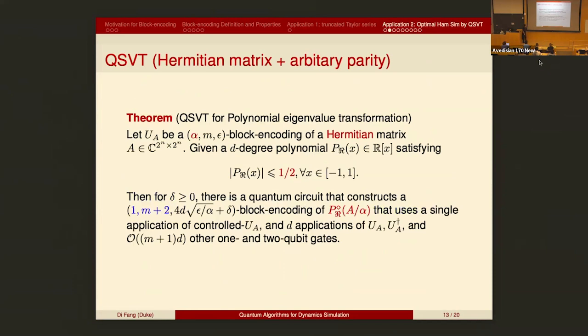Okay. And there is a general version. Imagine if you have a Hermitian matrix, in which case the singular value decomposition is the same as eigenvalue decomposition. Then you have a one block encoding with one additional ancilla for the odd polynomial, a one block encoding with one additional ancilla for the even polynomial, and you sum them together, you will get a 2 subnormalization block encoding, because 1 + 1 is 2, with m plus 2 ancilla qubits, because you are using an LCU of 2 terms, you need one additional ancilla.